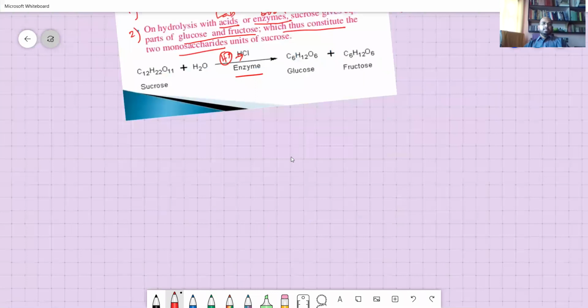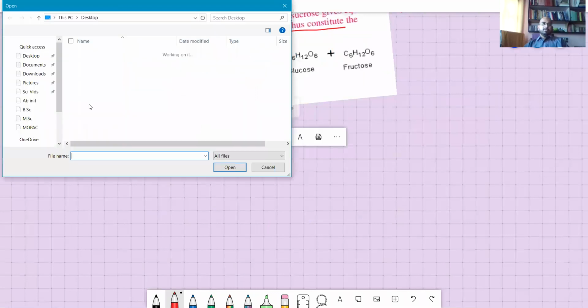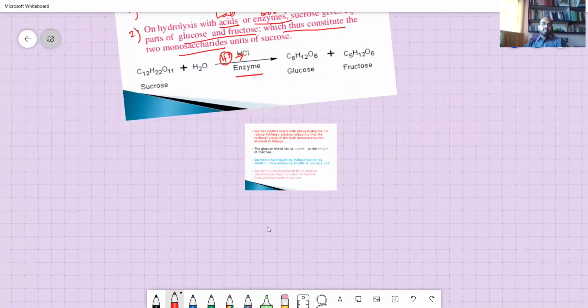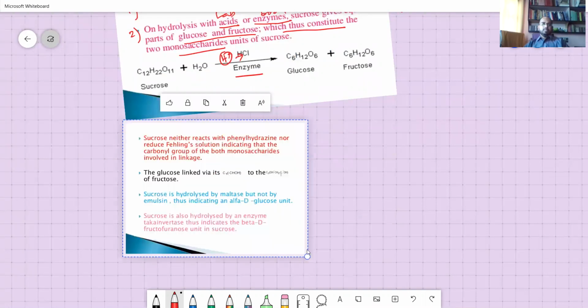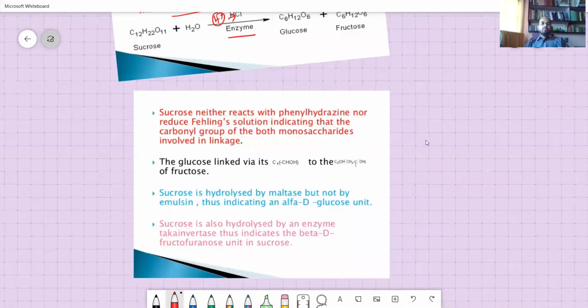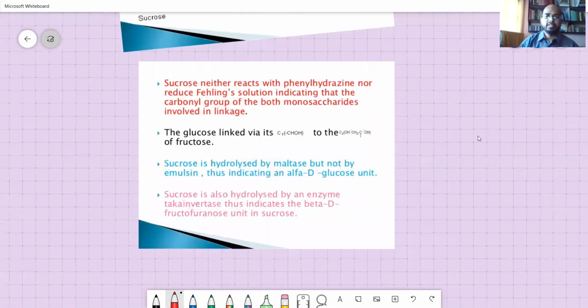In the third reaction, we have some other reactions in the lab, connected with phenylhydrazine. I think we have seen this. Can you remember? Phenylhydrazine is C6H5NHNH2.